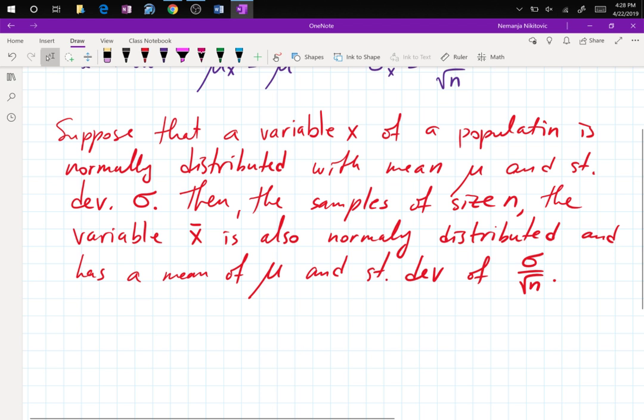Now, one of the most important theorems in the entire stats universe is the central limit theorem, right?